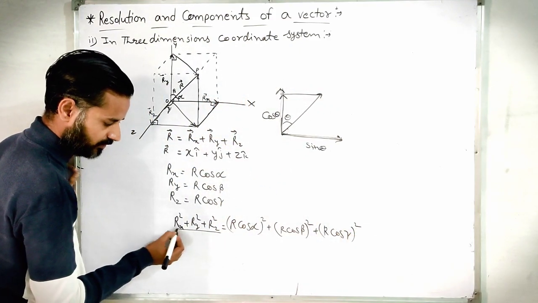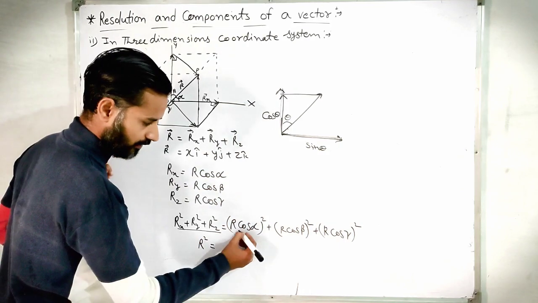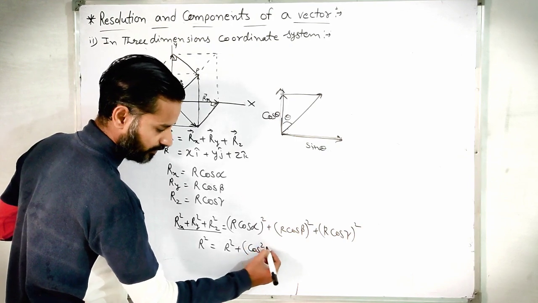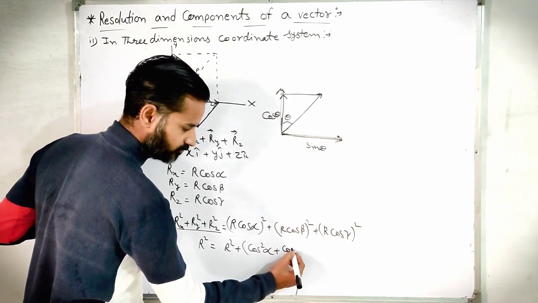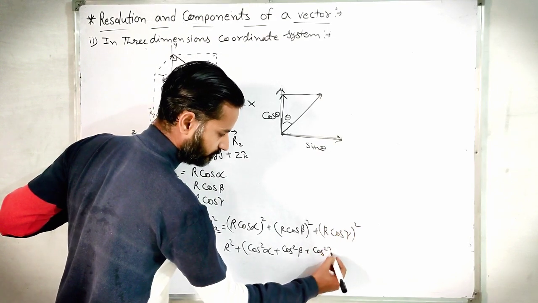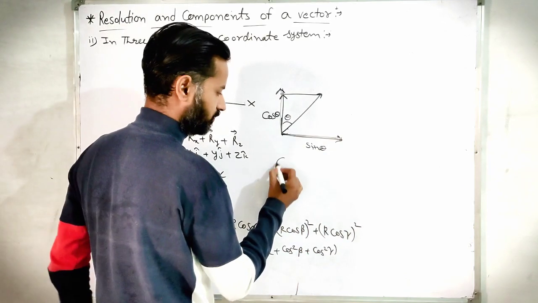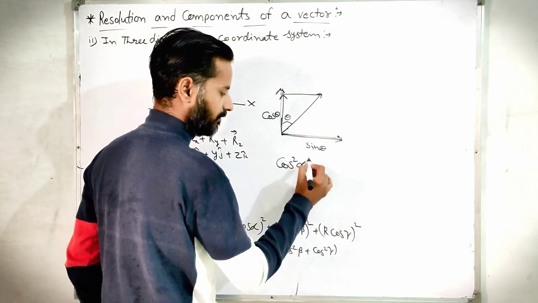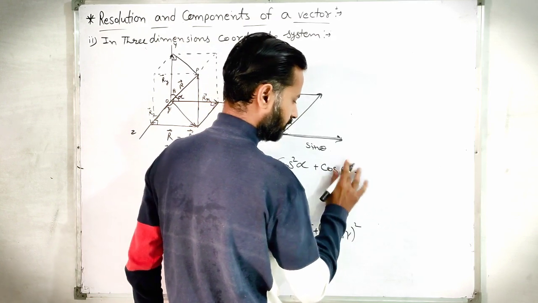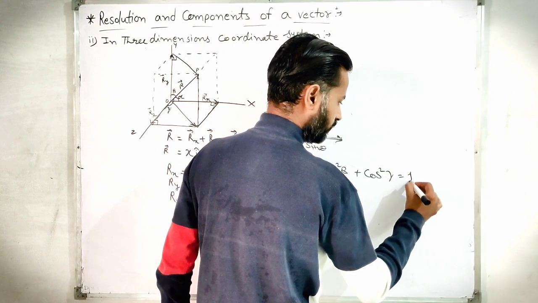Since this is equal to R square, we get R square times the bracket cos square alpha plus cos square beta plus cos square gamma. R square will cancel, so we get cos square alpha plus cos square beta plus cos square gamma equal to 1.